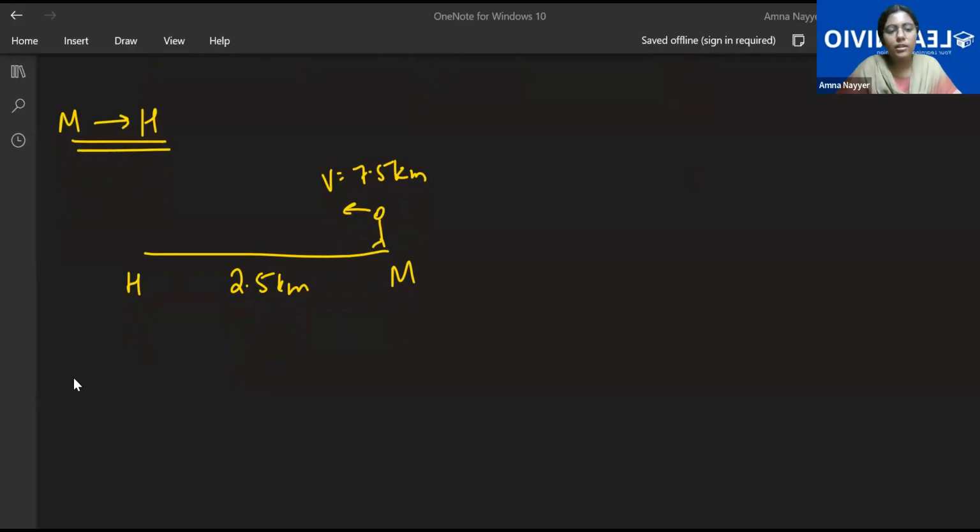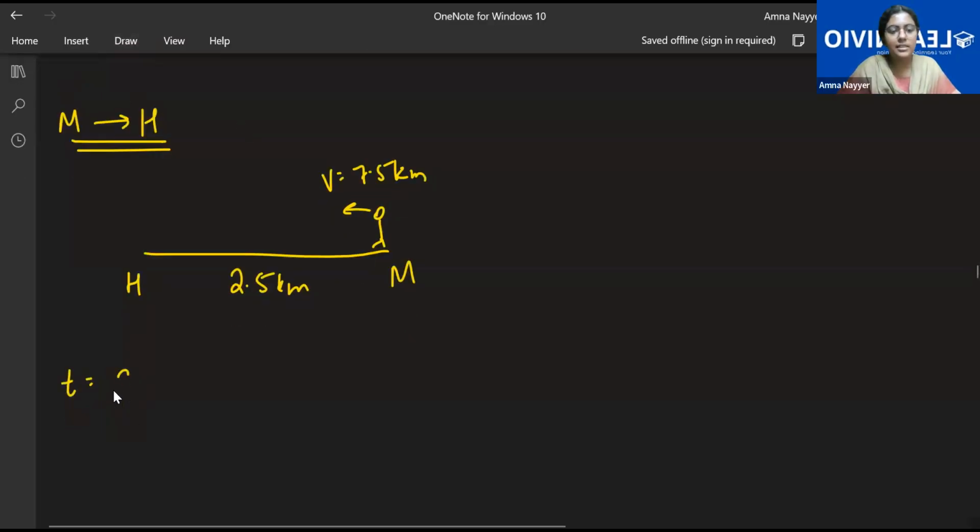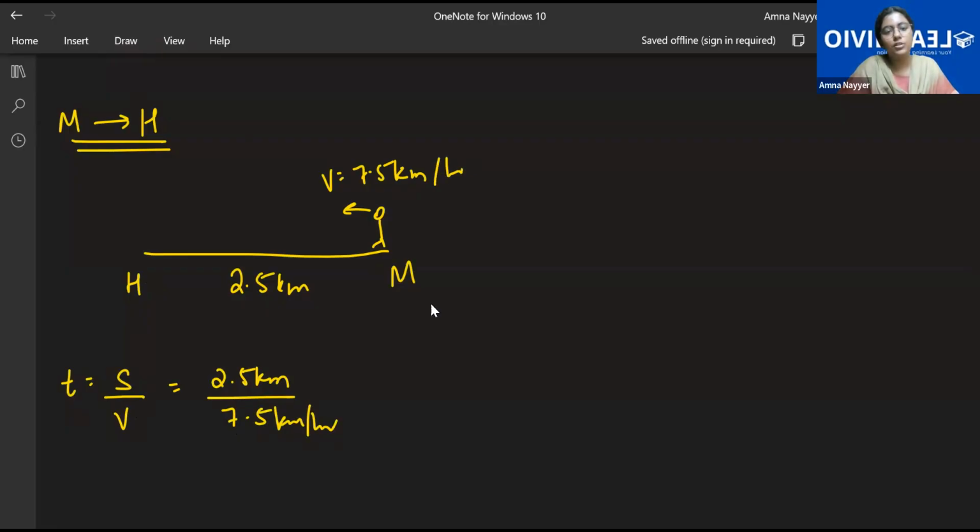So look here. Now what's the time? Time will be the distance divided by the speed. Distance is 2.5 kilometers, speed is 7.5 kilometer per hour. So look, that makes it 1/3 of an hour.